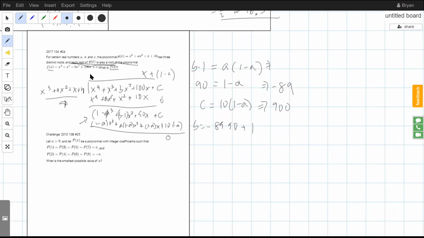So basically it's 1 plus 1 minus 8,009 minus 89, and then plus c, and c is plus 900, right? So it's negative 8,009 plus 1,002 gives negative 7,007, and that is our answer.